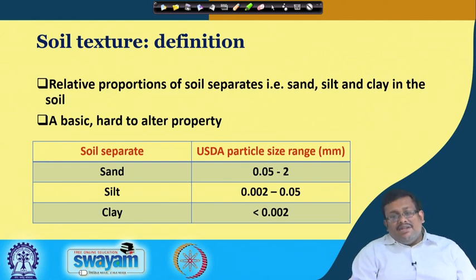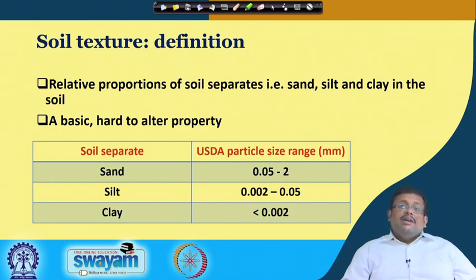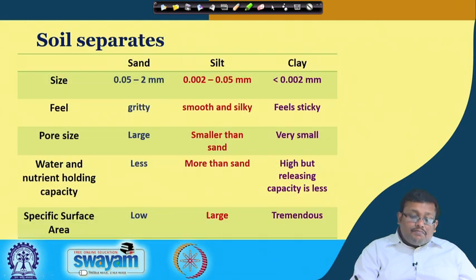In the first lecture of soil, I already told you that there are three major soil separates in the soil, which are sand, silt and clay. According to the USDA particle size range, sand particles have a diameter of 0.05 to 2 millimeter, silt has 0.002 to 0.05 millimeter, and in the case of clay the diameter is always less than 0.002 millimeter.